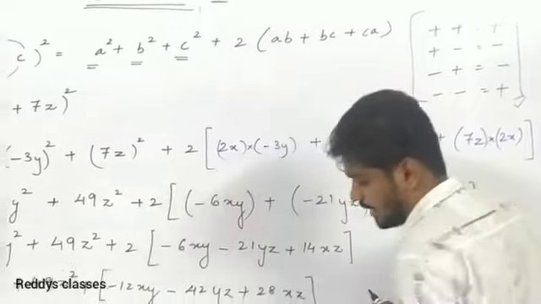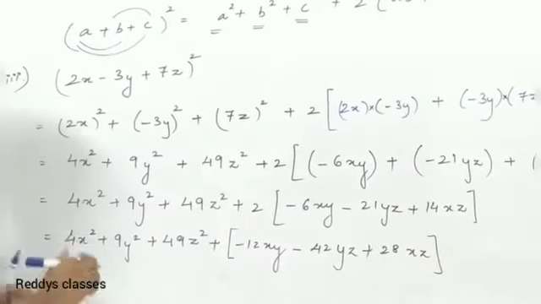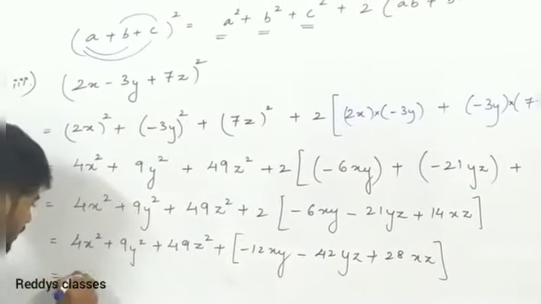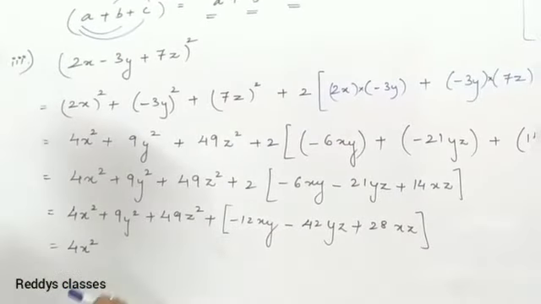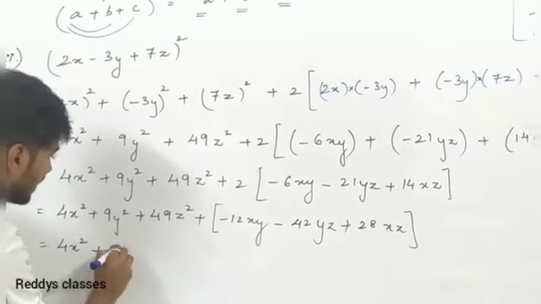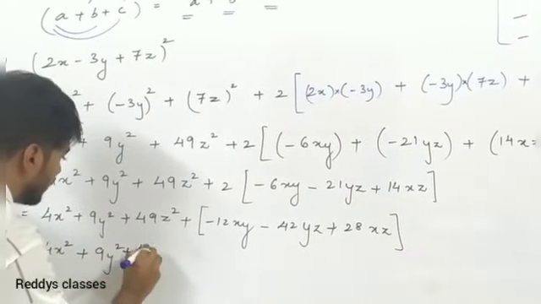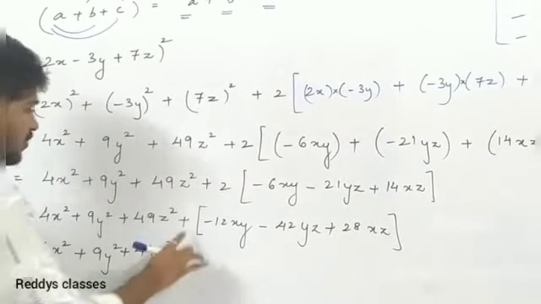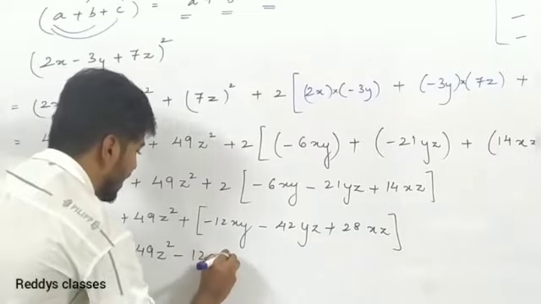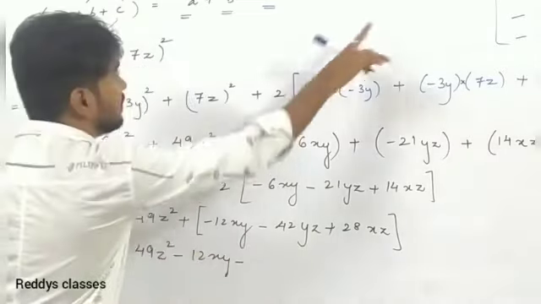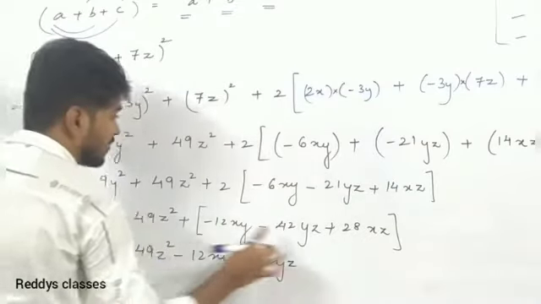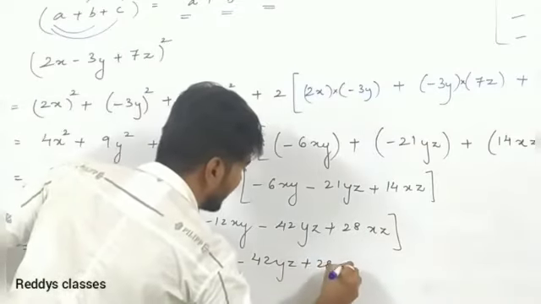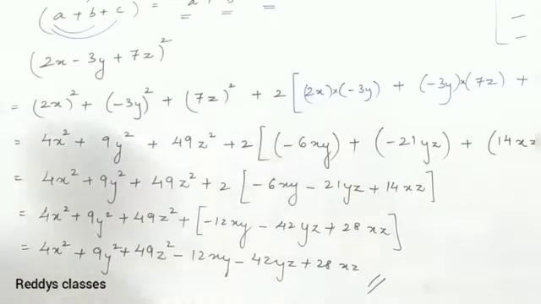Wait, let me remove in a systematic manner so you will get my point. This will be 4x square plus 9y square plus 49z square, plus minus is minus 12xy, plus minus is minus 42yz, plus is plus, we get the value 28xz. That's it, this is the required equation we need.